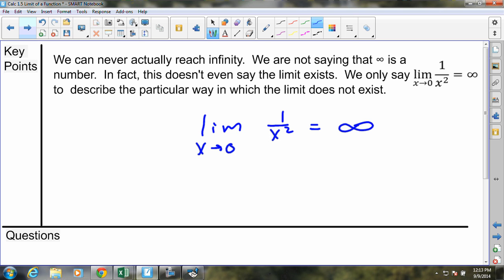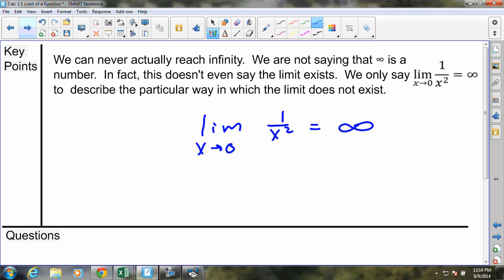But we still use this notation that kind of looks tricky, and it looks like we say the limit does exist. We're using this notation only so that we can describe the specific way that the limit does not exist. It does not close in on a finite number L, so the limit does not exist.